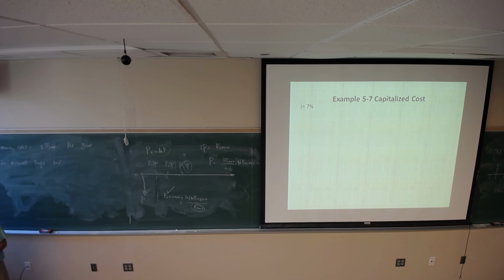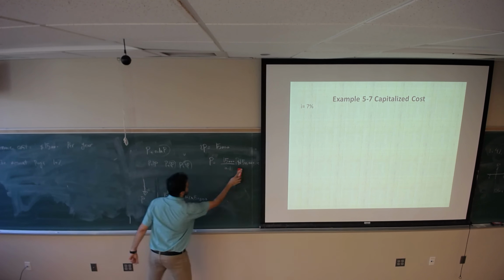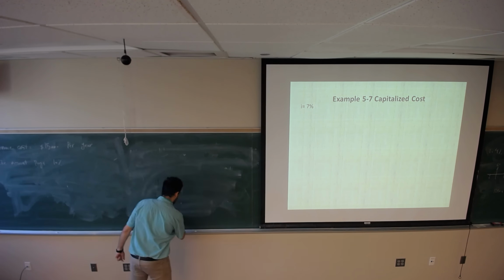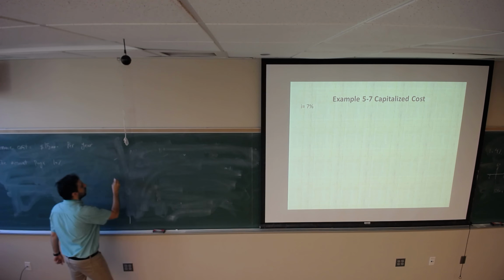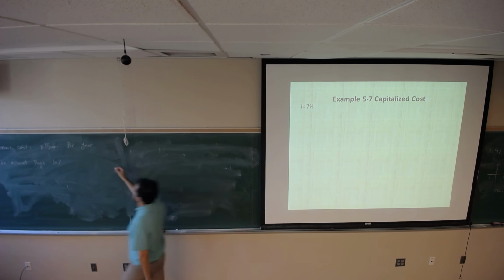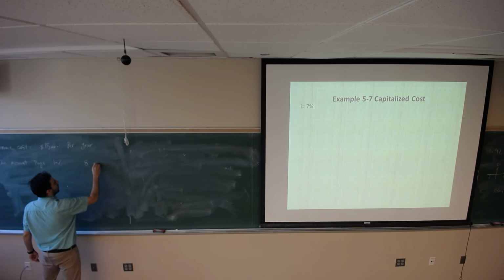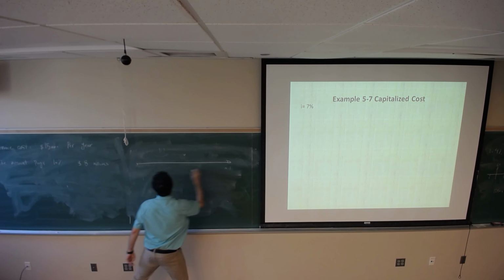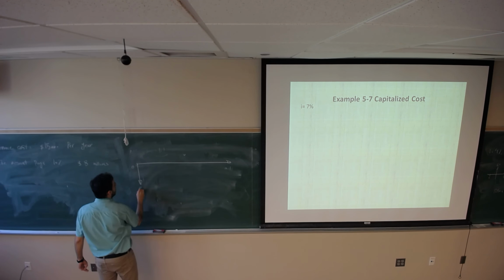Let's move to something more complex. Suppose there is a pipeline. The city wants to transport water from a distance to the city, and the cost for the pipeline is $8 million. So at present time, they pay $8 million.